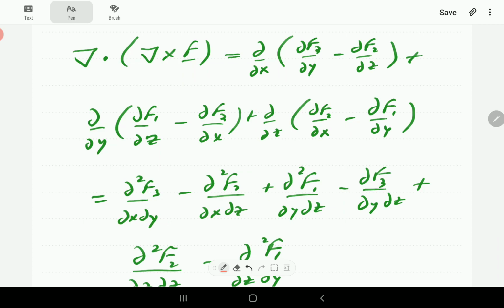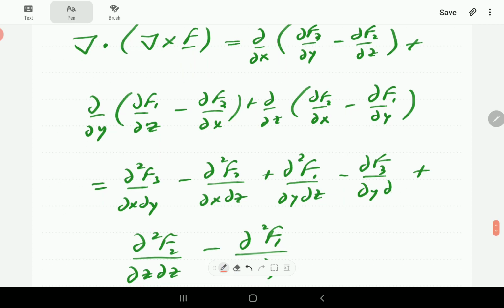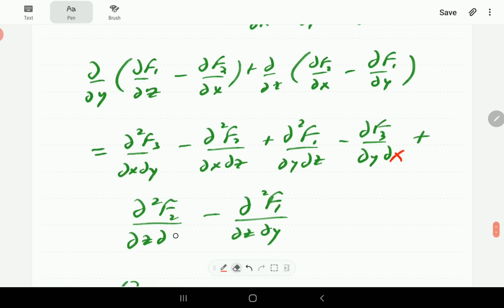There's f2 xz. Looks like there are some errors here. This is supposed to be x. Then zx. This is supposed to be x. Then finally z and y, zy.